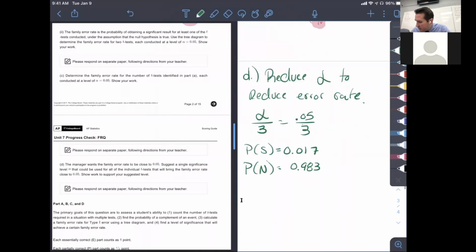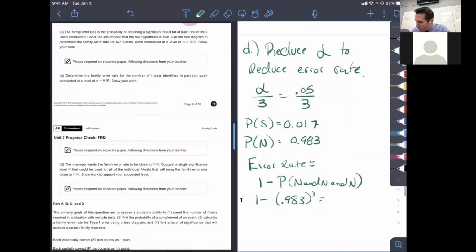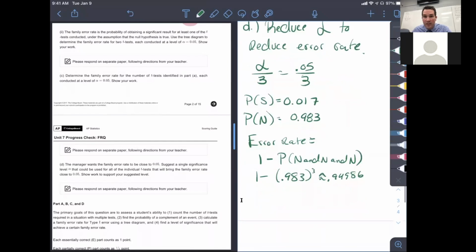So again, we could do the exact same calculation to find the error rate. So error rate would be 1 minus probability of n and n and n. So that would be 1 minus 0.983 cubed, which turns out to be roughly 0.94986, which means that the family error rate would be approximately 0.05014.